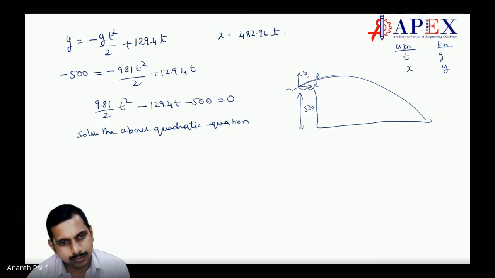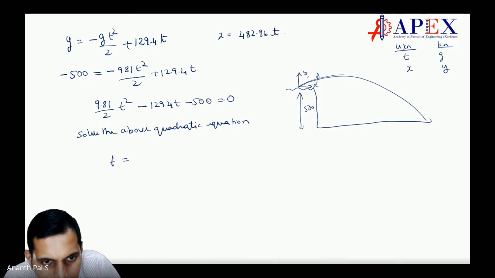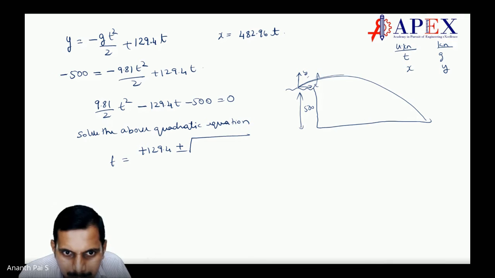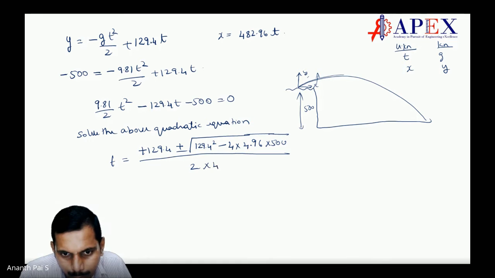So we can say t is equal to minus b, that is plus 129.4, plus or minus square root of b square, that is 129.4 square, minus 4 into a into c, 4 into 4.905 into 500, divided by 2 into a, 2 into 4.905. What are we finding out here?